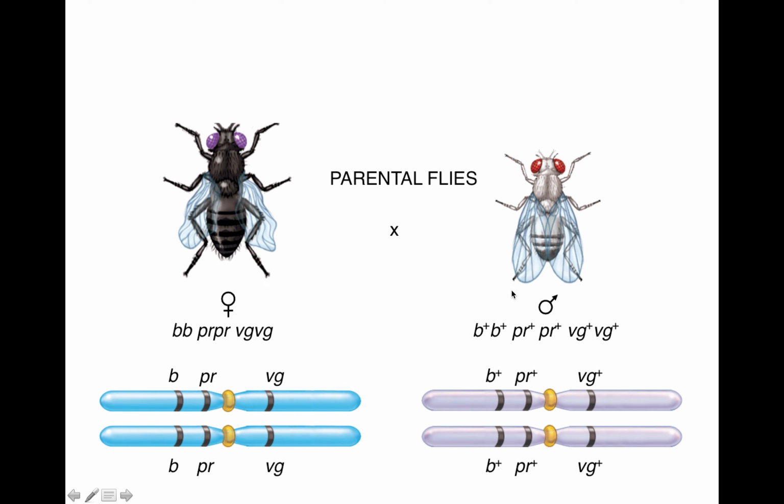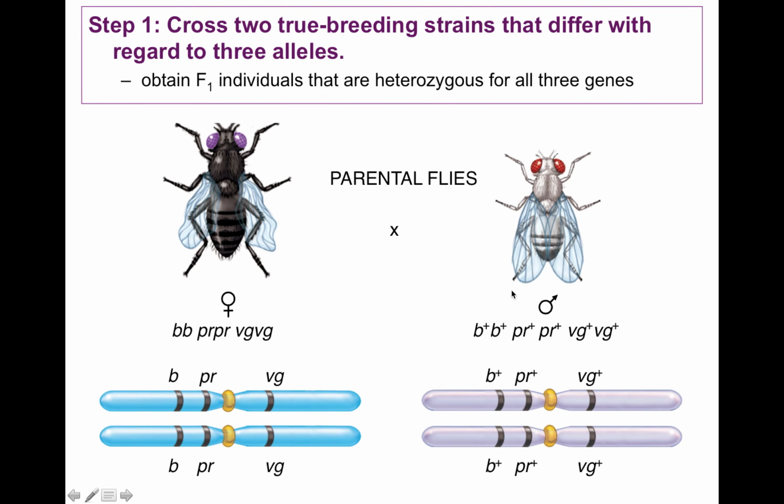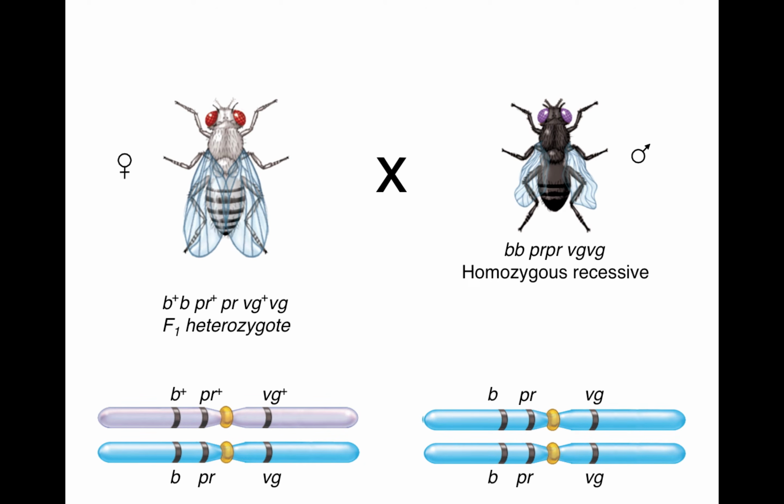When we mate these two together, we end up in the F1 generation with female flies that are wild type in appearance, but we know that they are heterozygous for all 3 of those genetic loci: wild type over recessive, wild type over recessive, wild type over recessive. Then we take her and mate her to the test cross male, which is the double homozygous recessive for each of these 3 genetic loci.